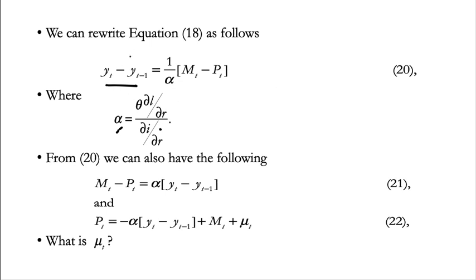So in 20, it's about the change in income, isn't it? But in 21, after you rearrange 20, then you can get 21, and you can also get 22. So you can see this term and this term here. And if I add m_t here, m_t refers to what? Then it becomes the error term.